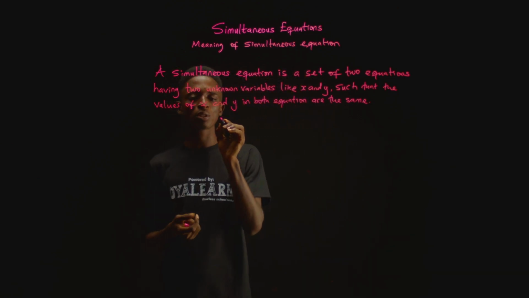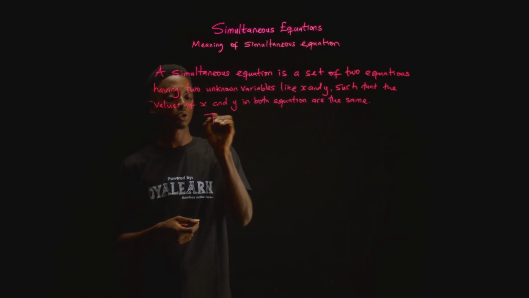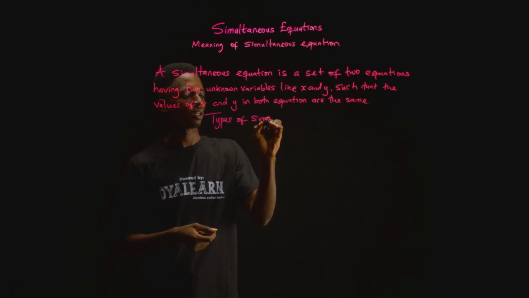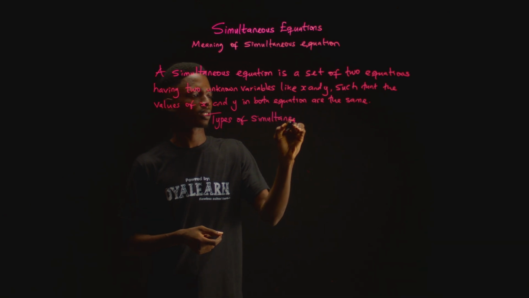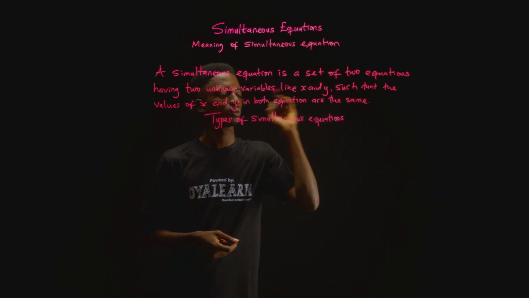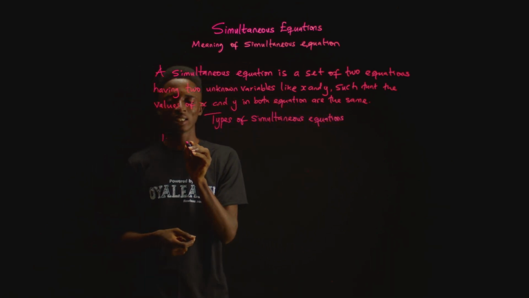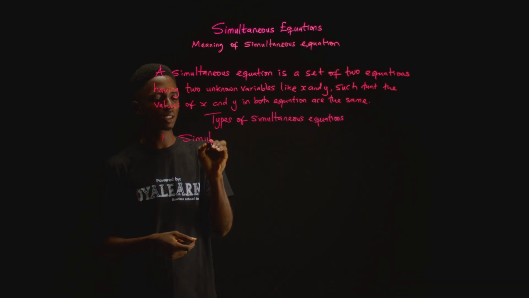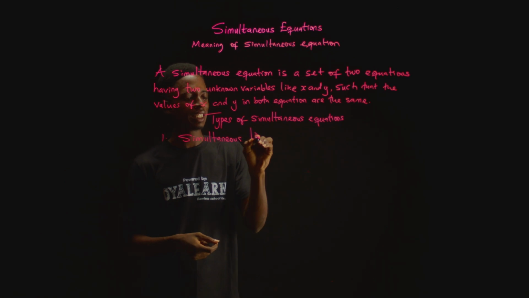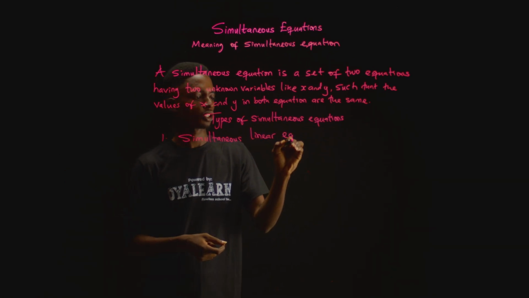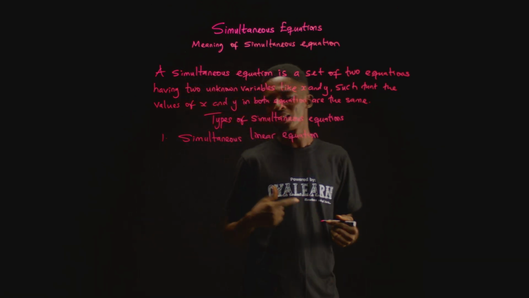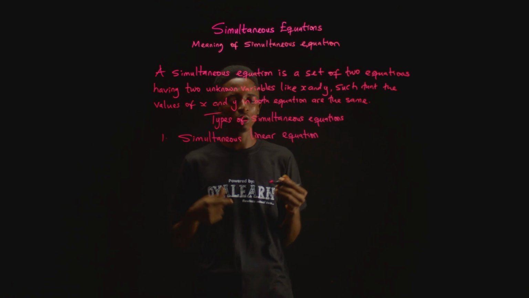Now let's look at the types of simultaneous equations we have. So we have one known as the simultaneous linear equation. Now, when we say a set of two equations is simultaneous linear equation, it looks like this.